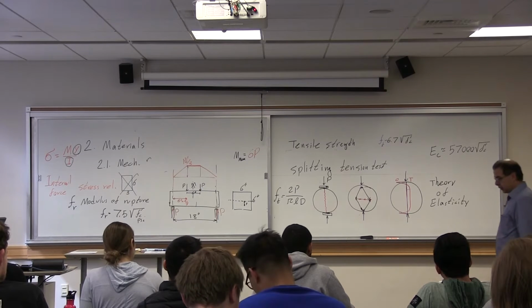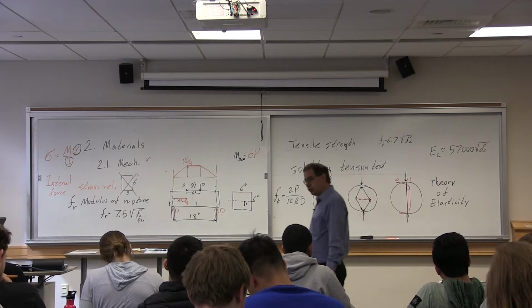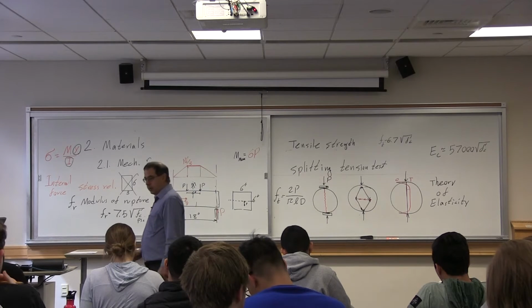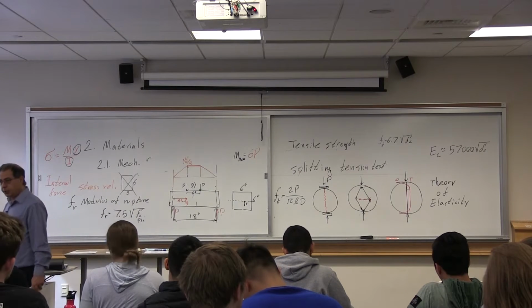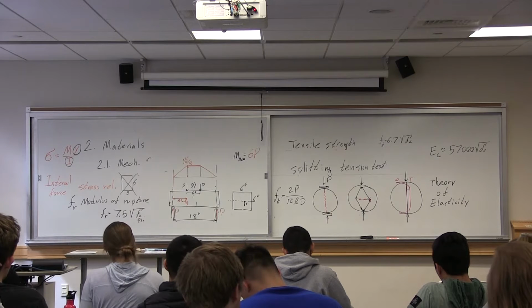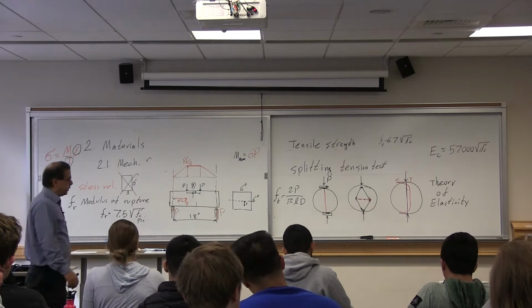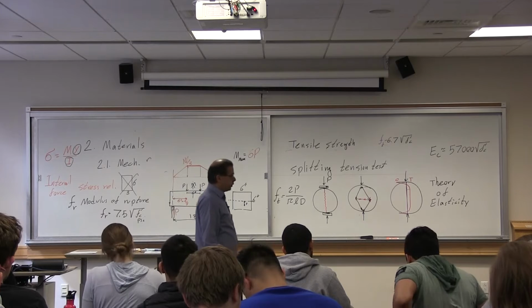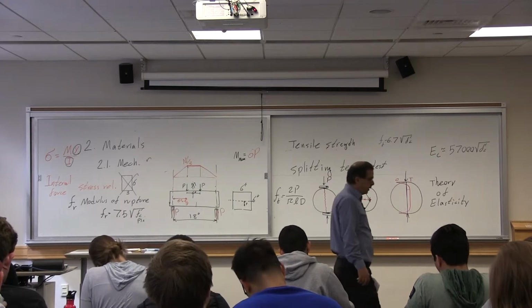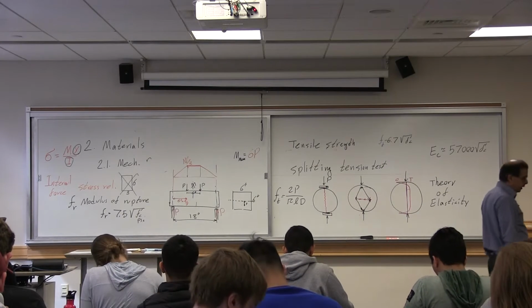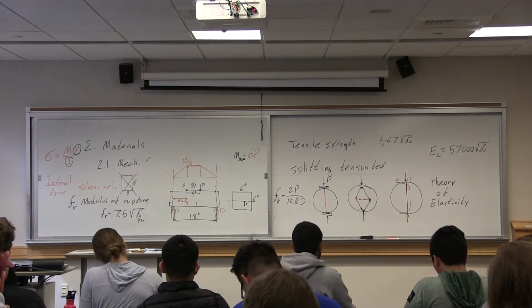So this is an approximation. Usually many engineers just use this one. But if you are concerned that the unit weight is smaller, you may want to use the other equation. So in this course, when you are calculating the modulus of elasticity of concrete, you can just use this equation.